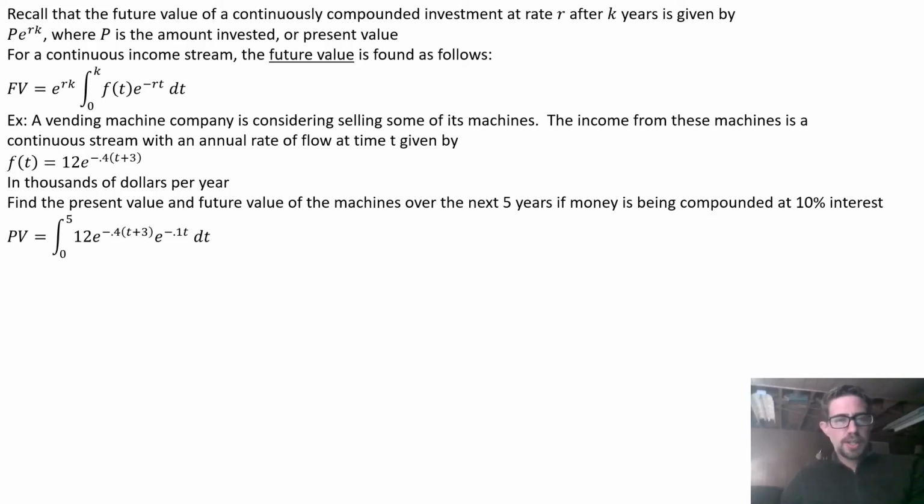Present value is the integral from 0 to 5 of our income stream, 12e to the negative 0.4 times (t plus 3), times e to the negative 0.1t. It's not 10 in there, it's 0.1. Really, this is going to be kind of the same as the last one, just the numbers are a little uglier.